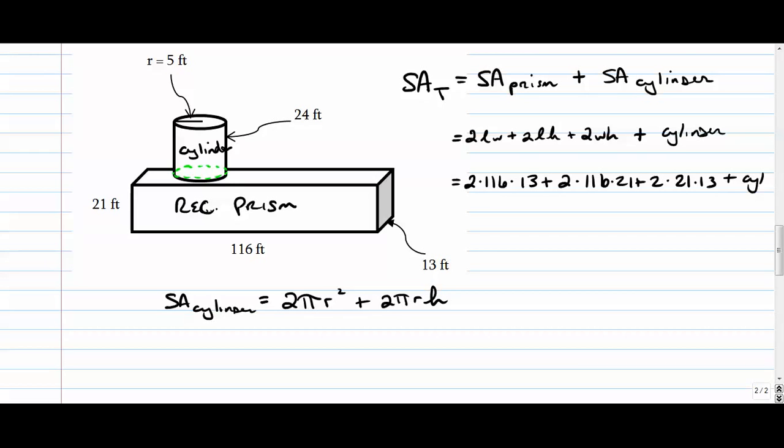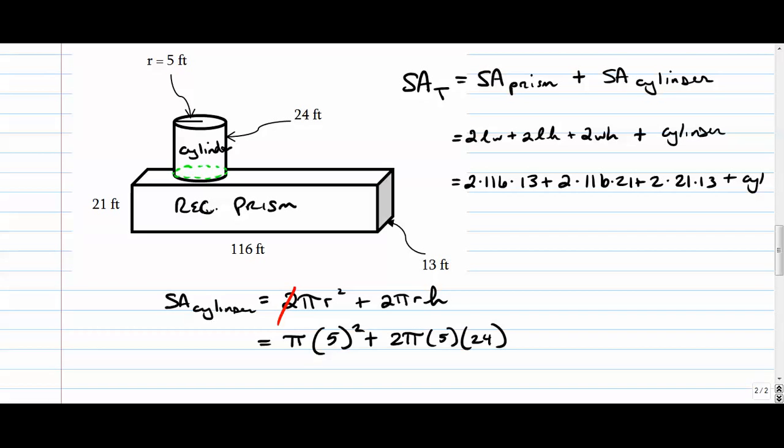If you take a base away, you take one of these pi r squareds away. So now we go from having 2 pi r squared to just 1 pi r squared. Radius is 5. That's the top of this thing, plus 2 pi times 5 times 24.